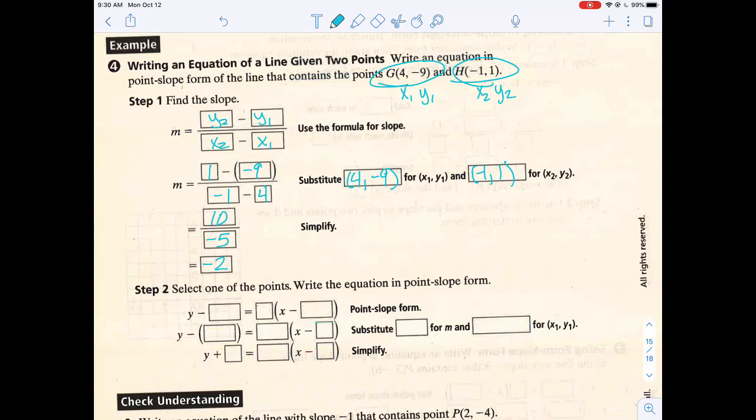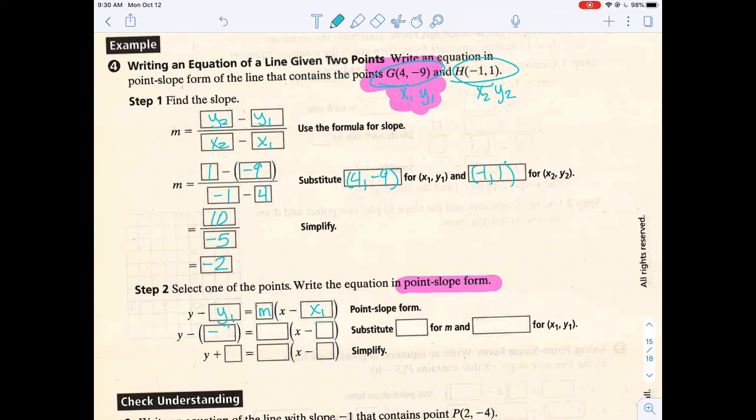Now we're going to use one of the points to write an equation. We're going to write it in point slope form. So remember, it's y minus y1 equals m times x minus x1. Okay, I already assigned this number up here to be x1, y1, so I'm just going to keep it that way. y1 is negative 9.